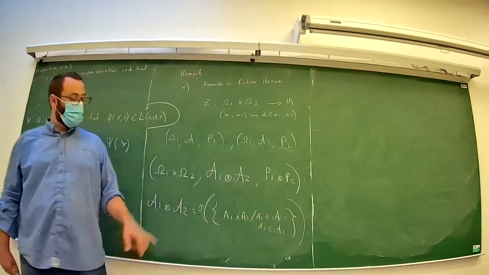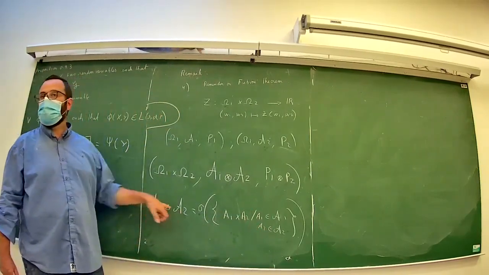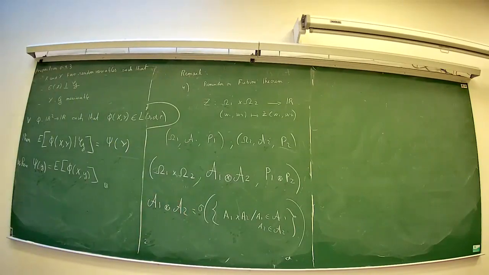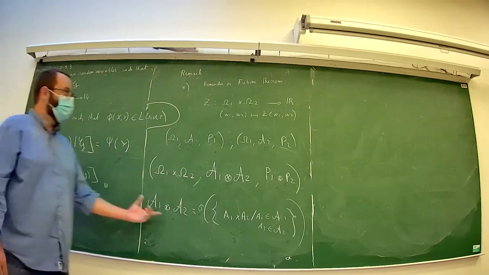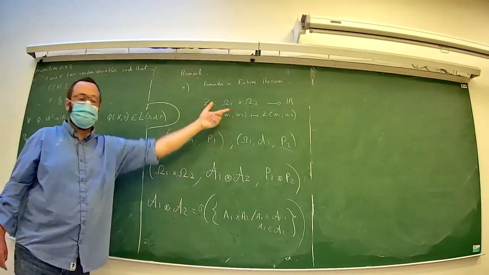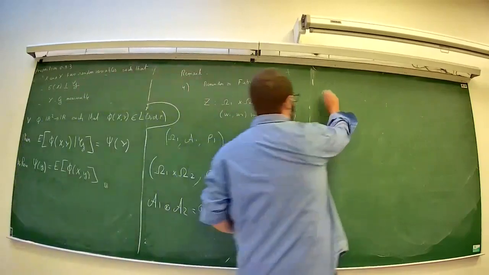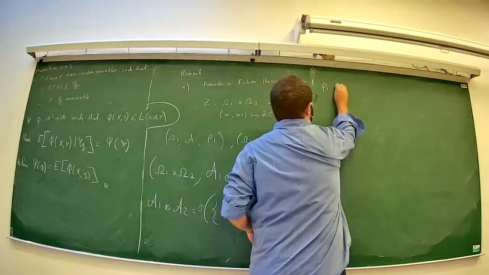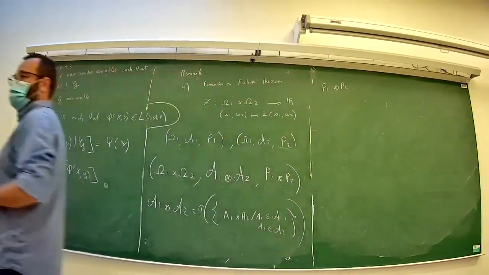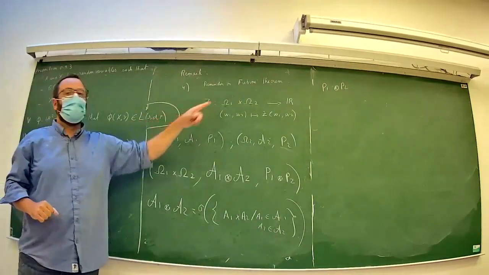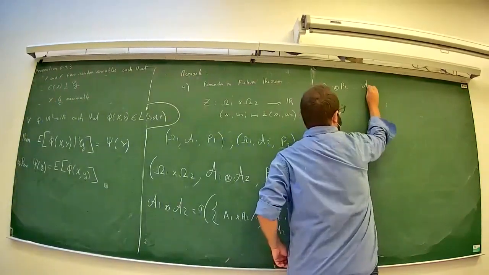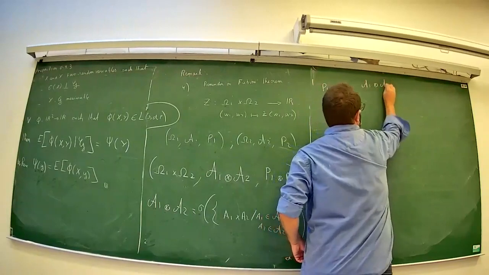It's what we define as the product between two sigma algebras. And this is a new sigma algebra with omega 1 times omega 2 as a universe. P1 times P2 is a new probability having omega 1 times omega 2 as a universe, defined on this new sigma algebra, A1 times A2.